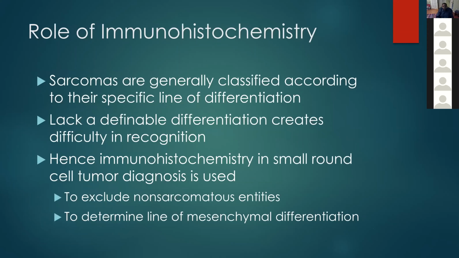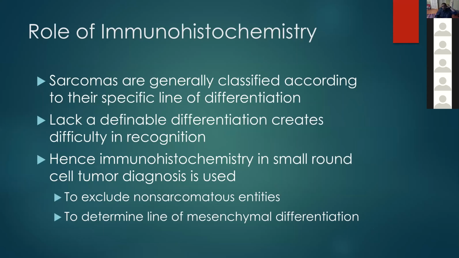So what is the role of immunohistochemistry? Immunohistochemistry is absolutely critical in making sure that you know what is the line of differentiation, what is the lineage of the cell, what is the pedigree, where is it coming from, is it lymphoid, is it muscle, is it neurogenic, and we talked a little bit about it.